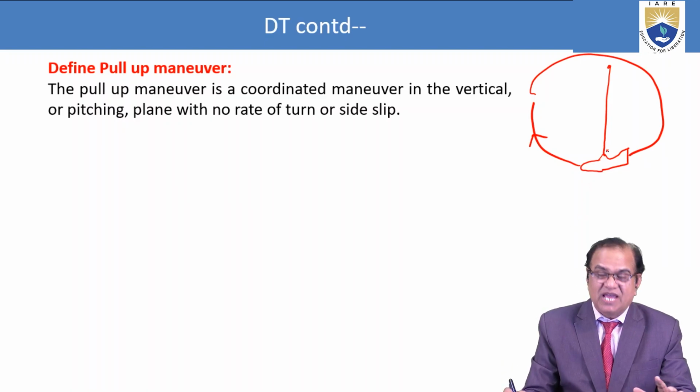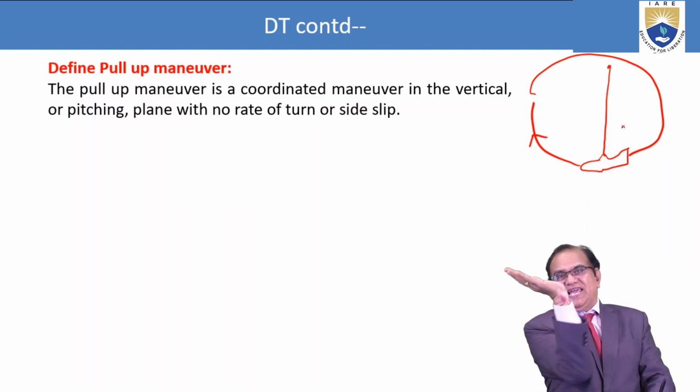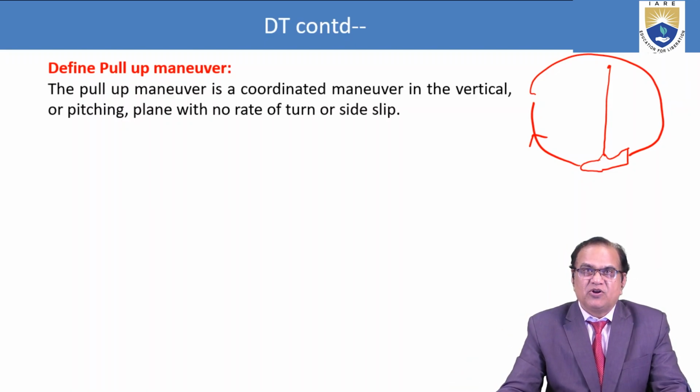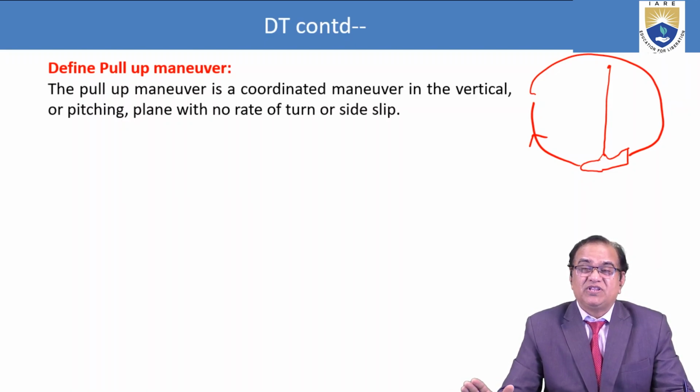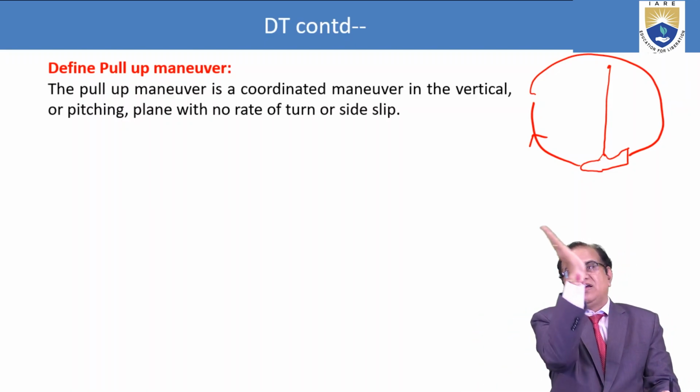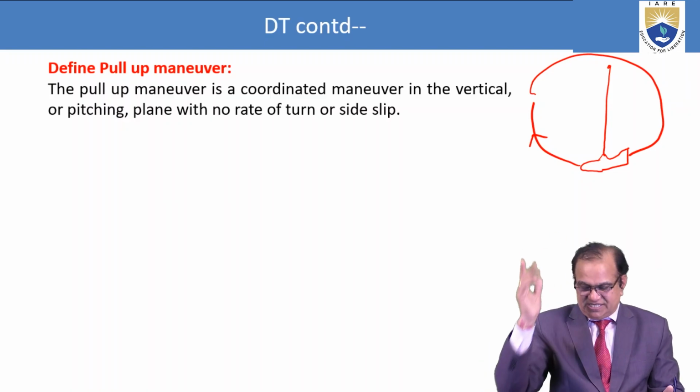When a maneuver is in the vertical plane like this, it is called a vertical maneuver. There is no turning, it is moving only in the Z plane.